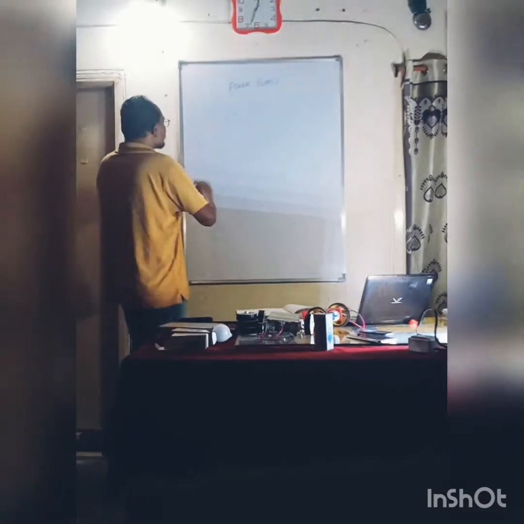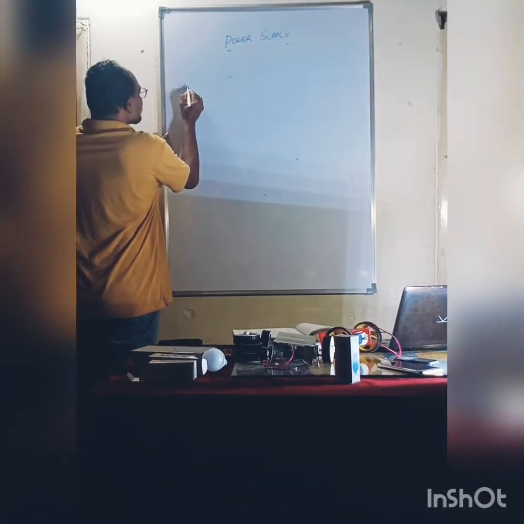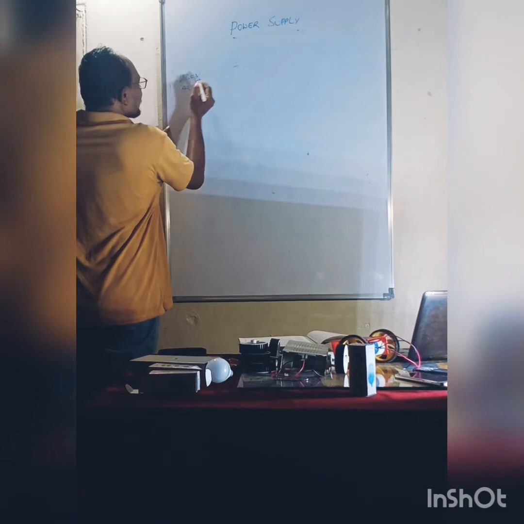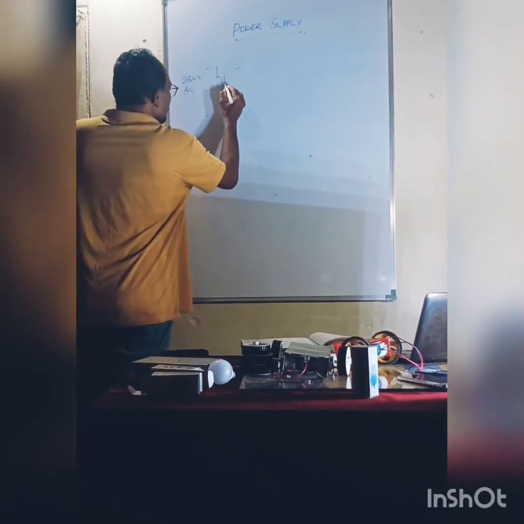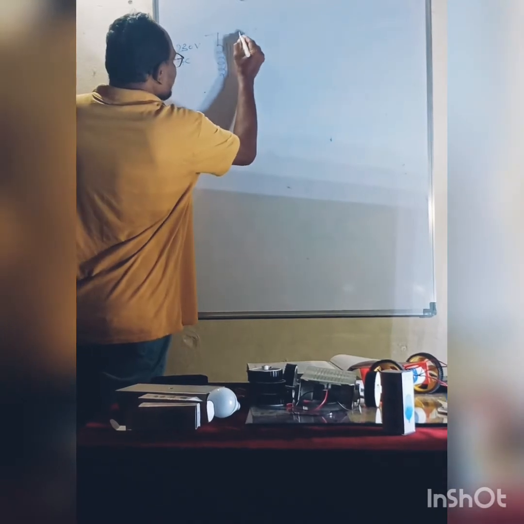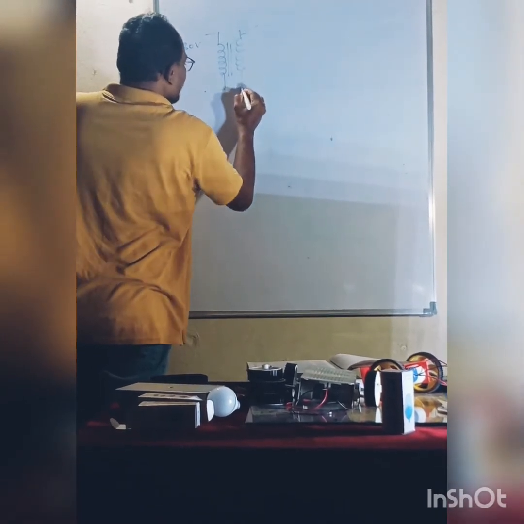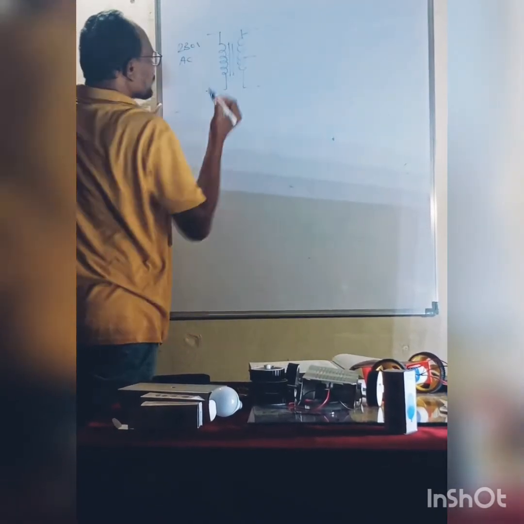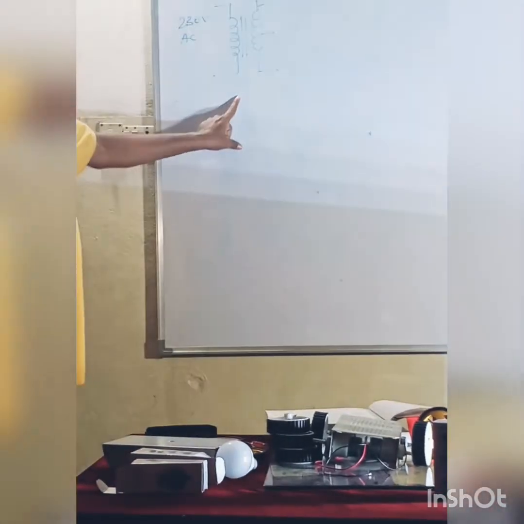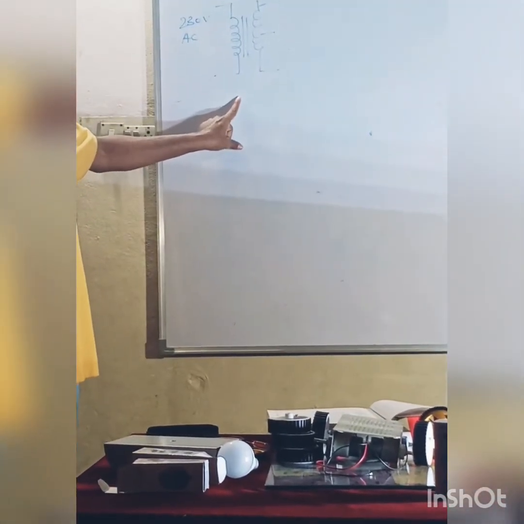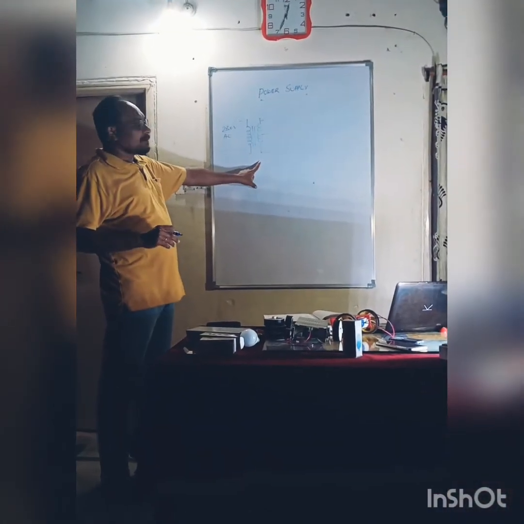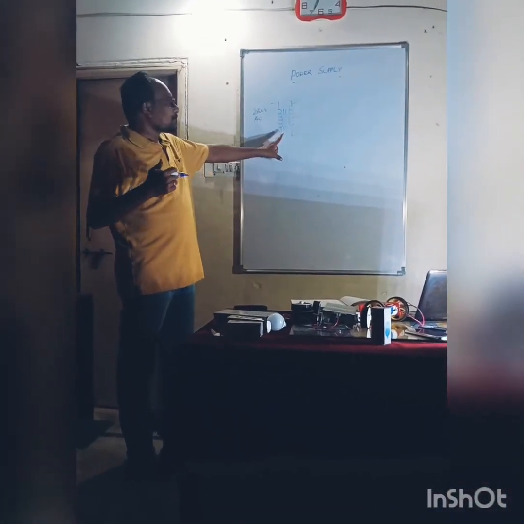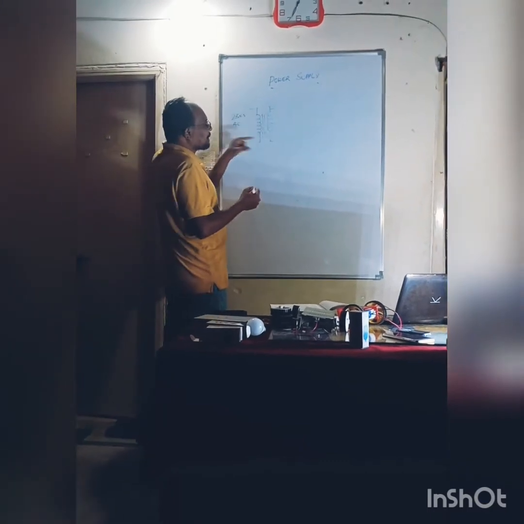So we are having a 230 volts AC source. Here I am using a center tapped step down transformer. Students, please be specific what kind of transformer you are using, whether it's a single coil transformer or 2 coils, that is step down, 2 coils, and center tapped.